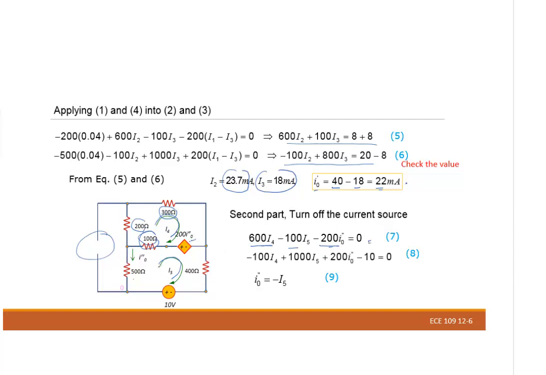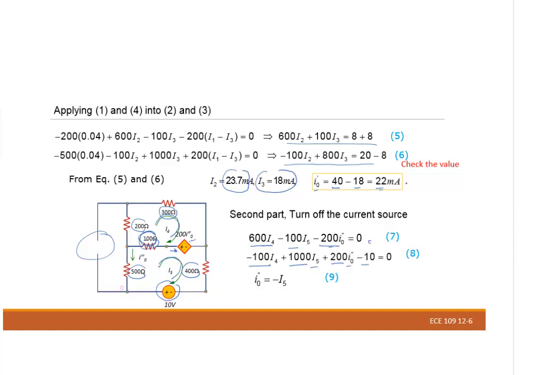For the second one, I4 effect right there is negative 100, so we have negative 100 I4 plus 500 plus 100 plus 400, which is 1000 I5, because entering the positive side right there you're going to have positive 200 I0 double prime. And also we have the source right there, so we have negative 10. In this case, I0 double prime is equal to negative I5.